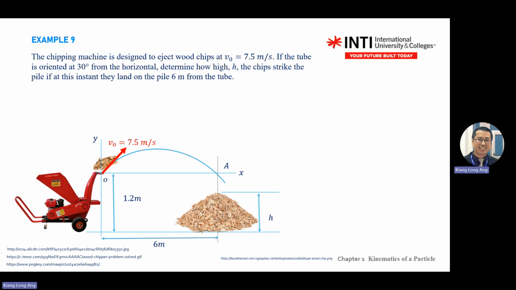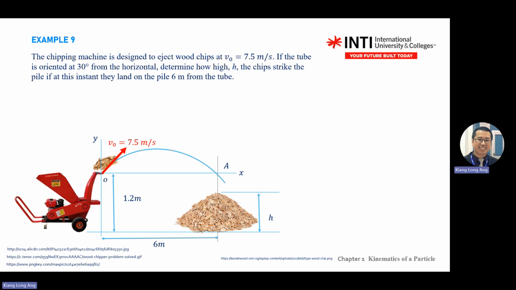It means you put in the wood here, you will throw a wood chip, then the question asks you, at a distance of 6 meters, what is the maximum height that it can reach? So how do you solve? Actually the same. First, establish where your origin is.